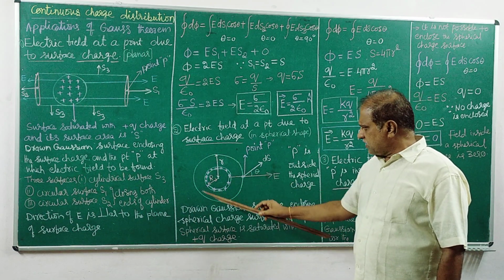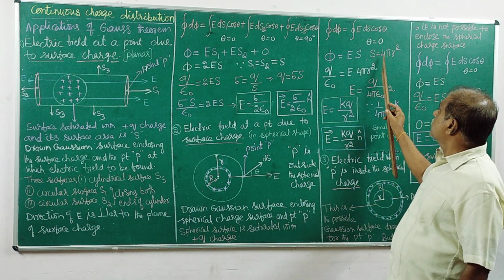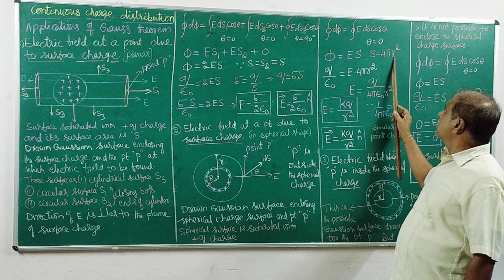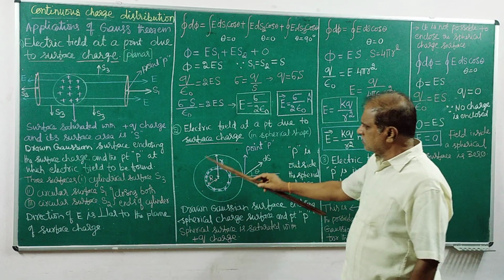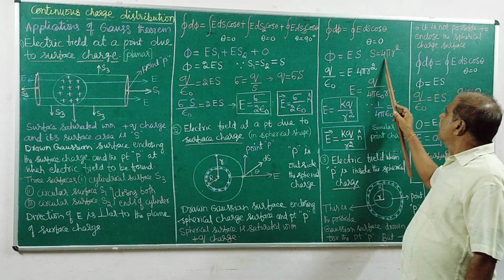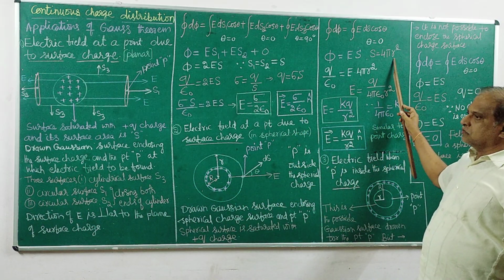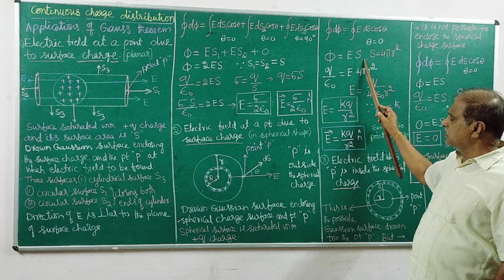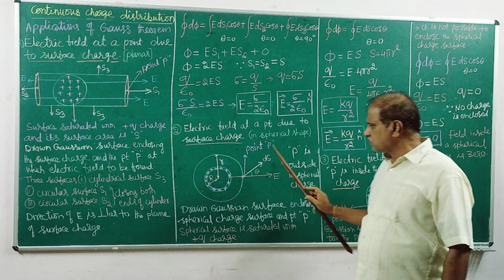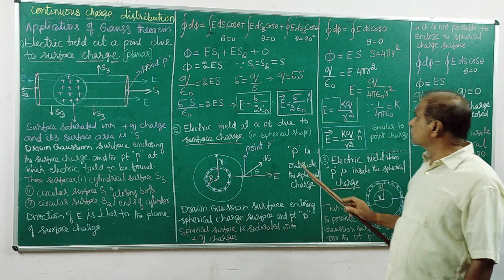The total surface area of the sphere is 4 pi r squared, where r is the radius of the sphere, that is, of the Gaussian surface.